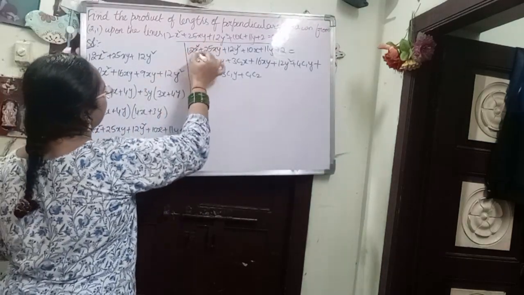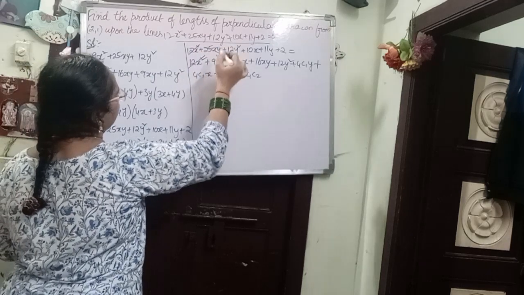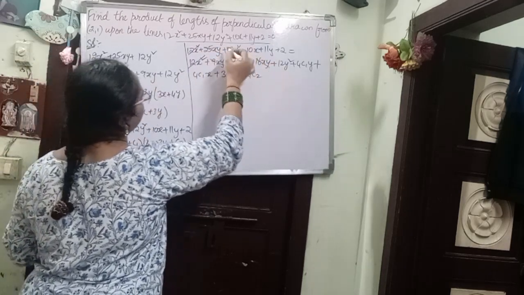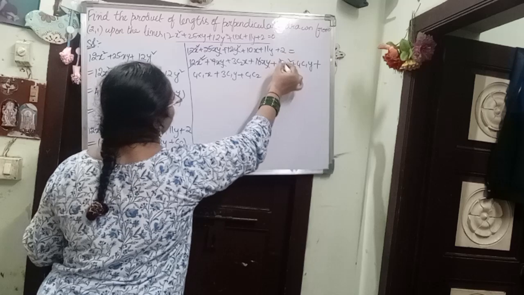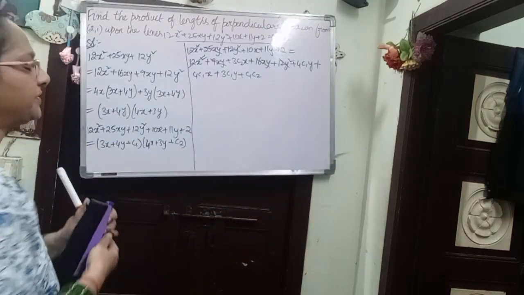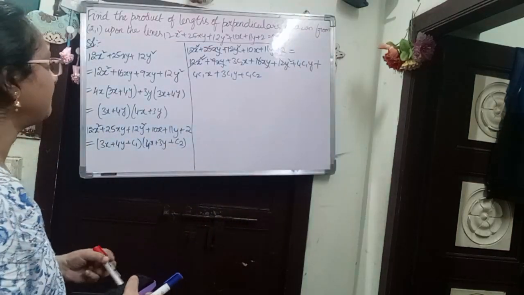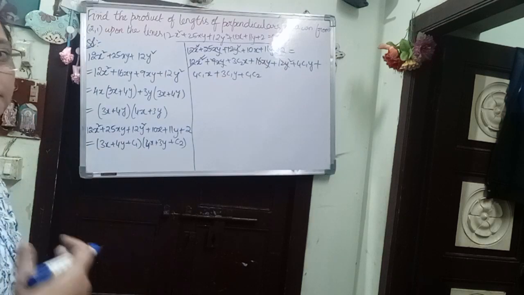Now if you observe, we can see 12x square, 25xy which is 9 plus 16, and 12y square cancel. Why did I cancel? If you take those terms to the other side, they become negative, so positive and negative terms get cancelled.